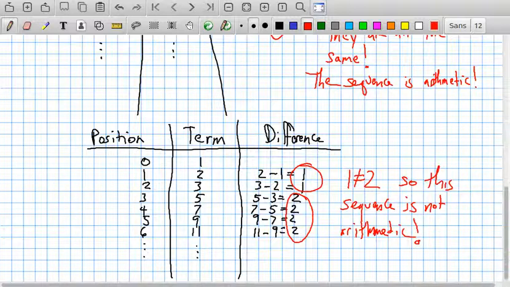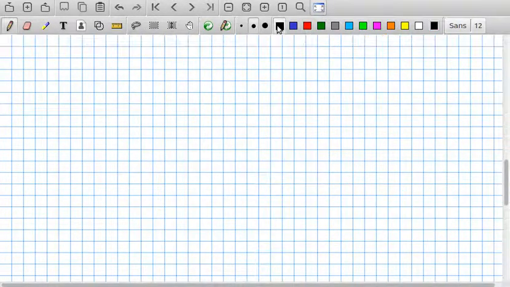Now, here's another interesting sequence. It's the sort of sequence we'll see in a little bit, not quite yet, but it's a sequence that looks kind of arithmetic. Well, actually, it doesn't look arithmetic at all, but its differences have an interesting pattern. I think some of you will recognize this from before.